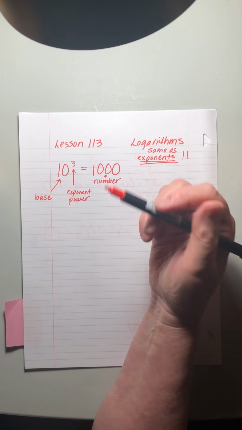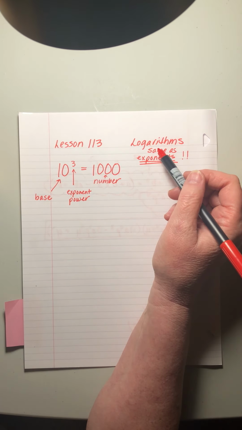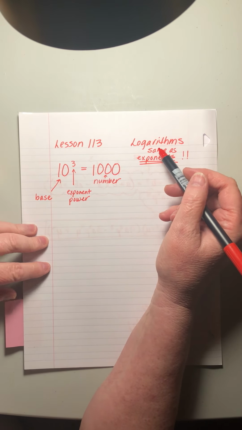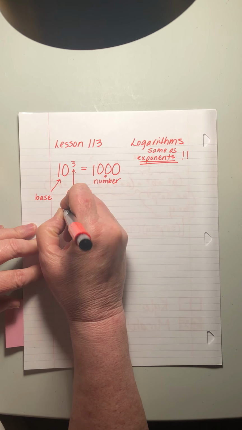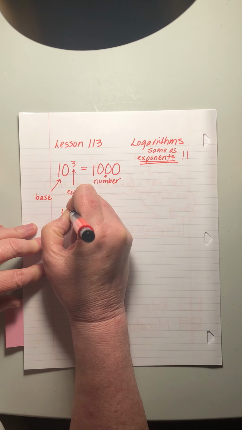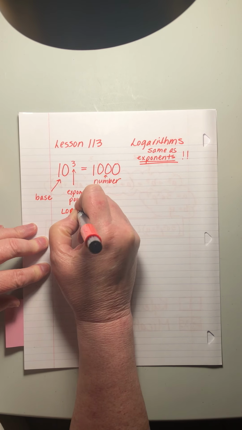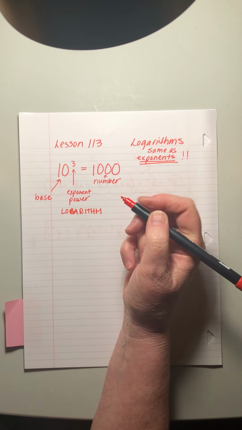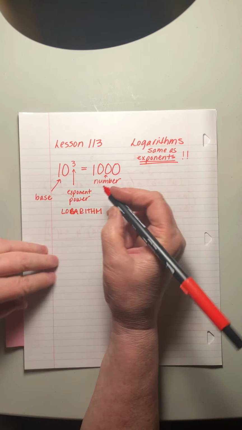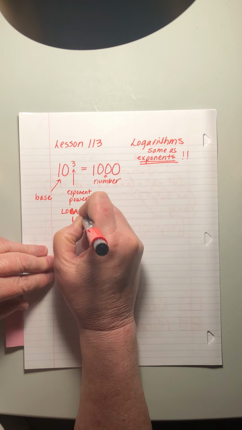Okay, cool. When we talk about anti-logs, we're going to give these things some new weird names. We're going to call the exponents logarithm. It's an exponent, but we're just going to call it a logarithm or a log.